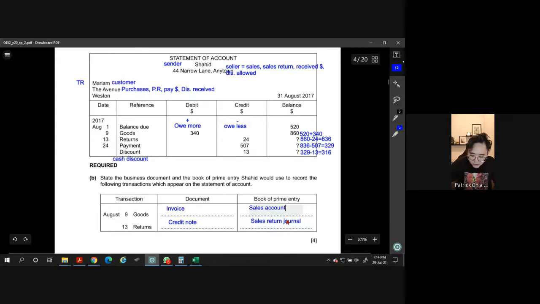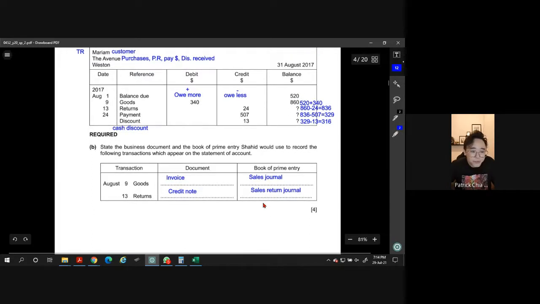Forgot to change the top part, sorry. Sales journal. Okay, so guys, we don't have a sales return ledger. Don't do that. If you put the word ledger, sorry, cannot put the word ledger. Okay, if you're really desperate, you're not sure, you can just use the word as it is without writing the back part.